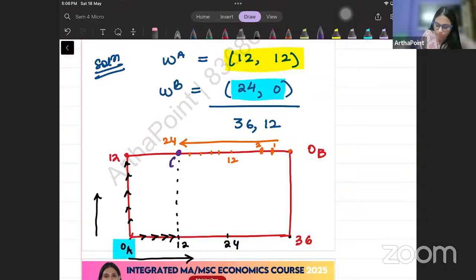This is the endowment bundle for individual A and B. This itself represents 24, 0. यही bundle 24, 0 represent कर रहा है for individual B. And this itself represents 12, 12 for individual A. So try to understand the difference first. Is this clear? Is how to plot the endowment bundle clear?